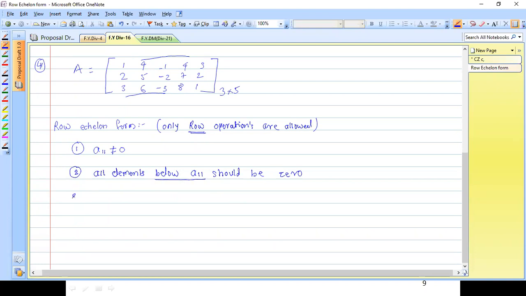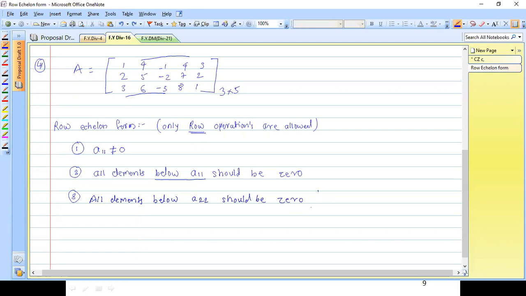Now third one, A22 may be zero or non-zero, it doesn't matter, so I'm not going to write anything for A22. What I'm going to write directly is: all elements below A22 should be 0.